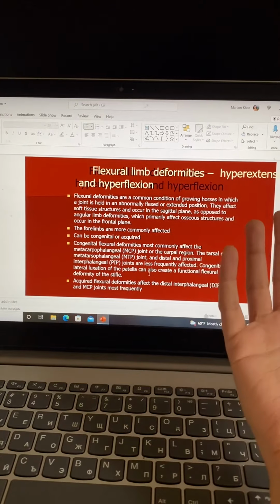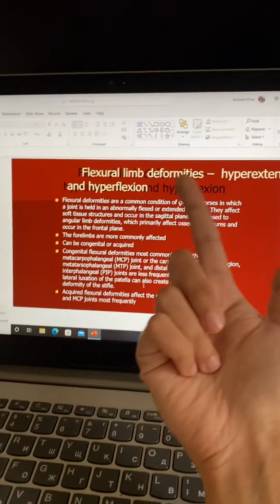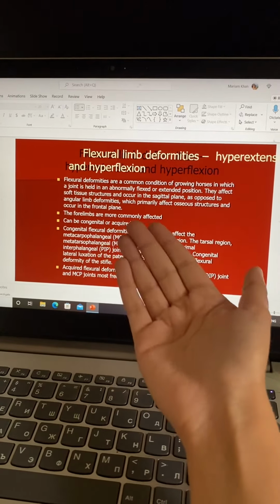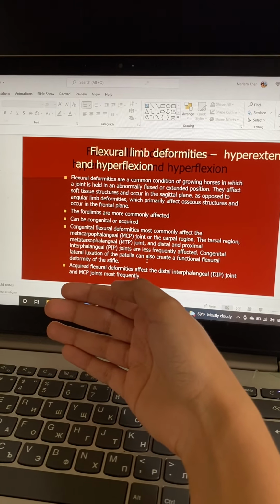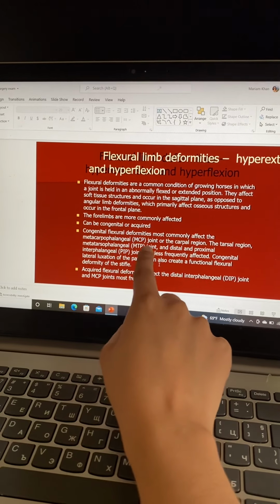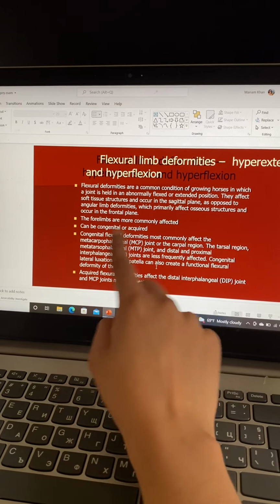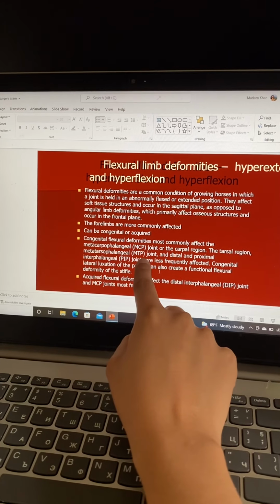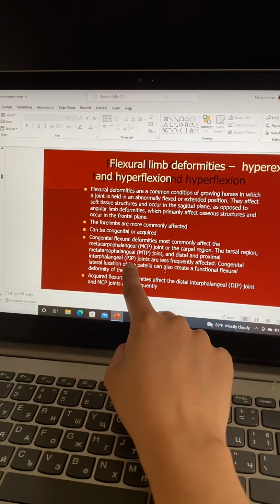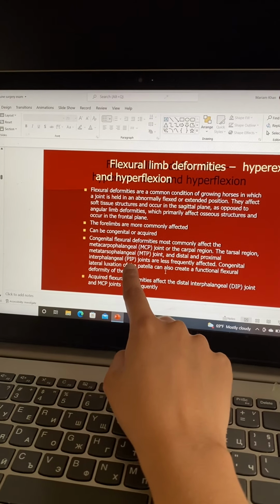This is similar to navicular bone disease in that sense. When we're talking about flexural limb deformities, they can be congenital or acquired. These usually affect the metacarpophalangeal joint, the carpal region, the tarsal region, the metatarsophalangeal joint, and the distal and proximal interphalangeal joints.